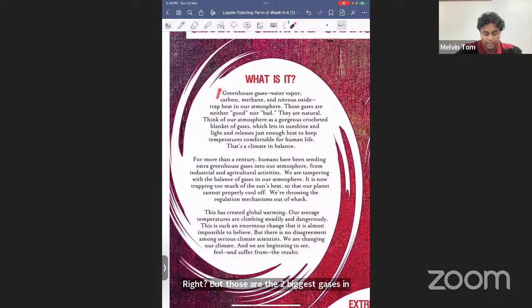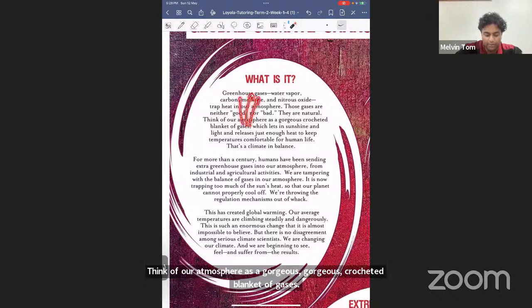But here, it says greenhouse gases such as water vapor, carbon, methane, nitrous oxide trap heat in our atmosphere. These gases are neither good or bad. So those gases, it's referring to greenhouse gases, are neither good or bad. They, again referring to greenhouse gas, are natural. Think of our atmosphere as a gorgeous crocheted blanket of gases. So far, it's making multiple references to greenhouse gases, right?